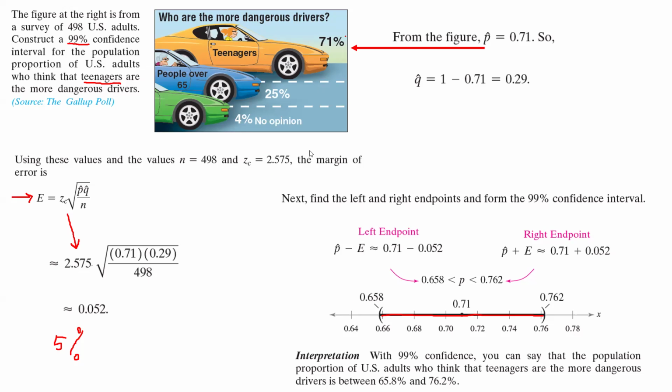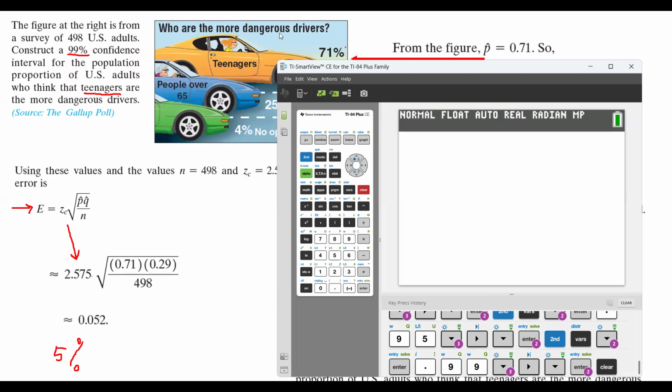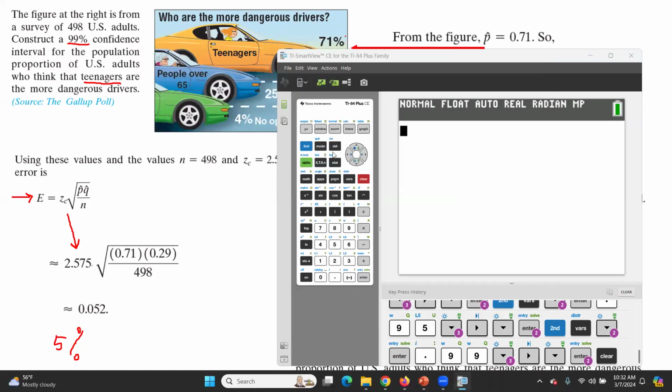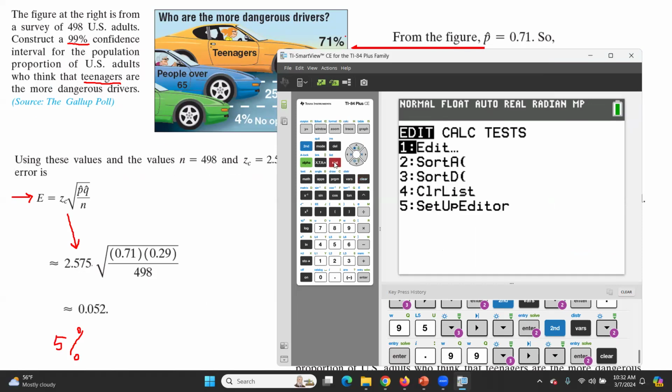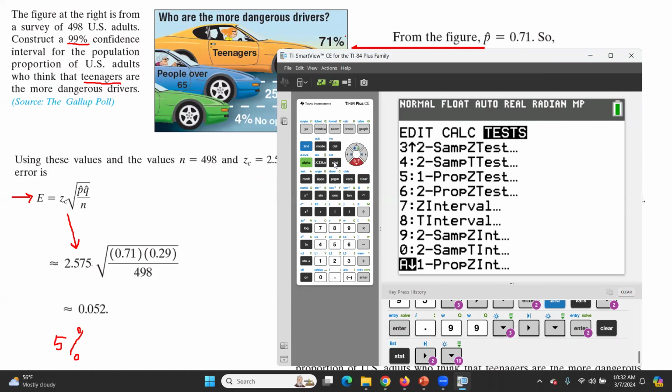How do you use your calculator, everyone? Remember that in this class, we're interested in using our calculator as often as we can. Let me share the screen and show you what to do. So first, you need to go to Stat, then go to Tests, and find one proportion Z interval.